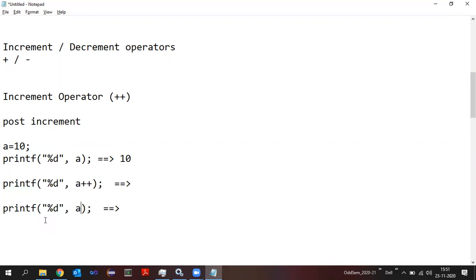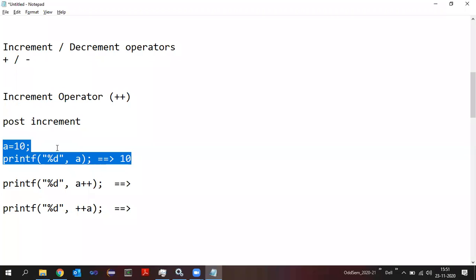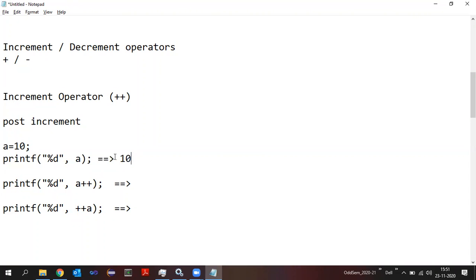Pay attention here. This much you understood: the value of a is 10 and you are printing that value. When this is executed, 10 will be displayed. Now next is printf a++. a++ is equal to 11. Just maintain silence, don't speak anything.